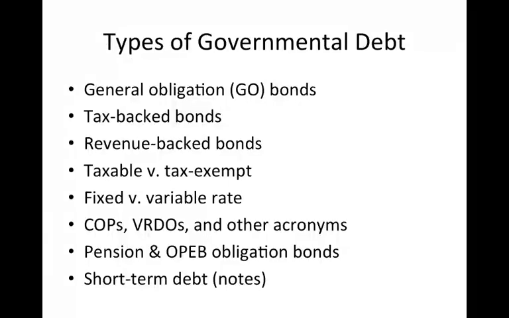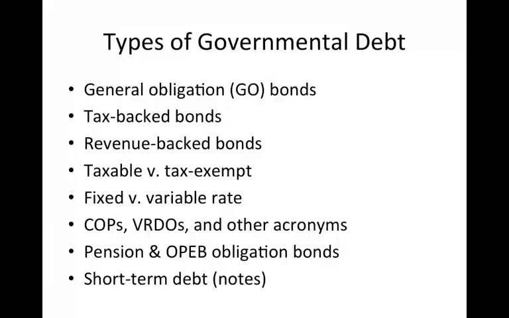And then lastly, there's the issue of short-term debt. Everything we've been talking about on this slide up to this point is debt that is anywhere from, say, 10 to 30 years, sometimes longer. Short-term debt is issued for cash flow purposes, in anticipation of resources that are going to come in the near future.